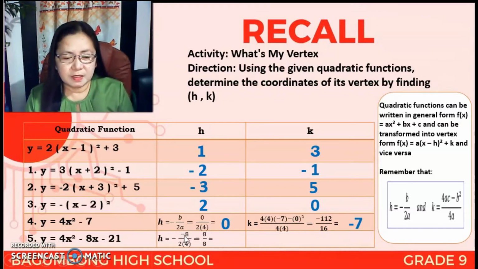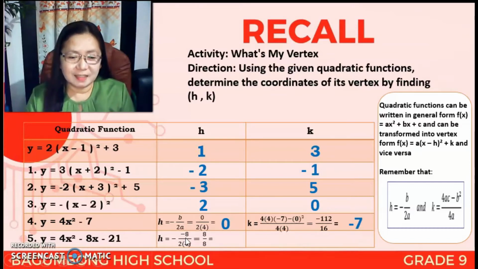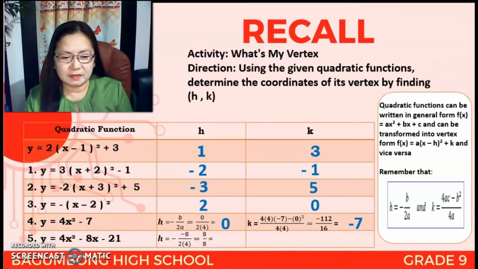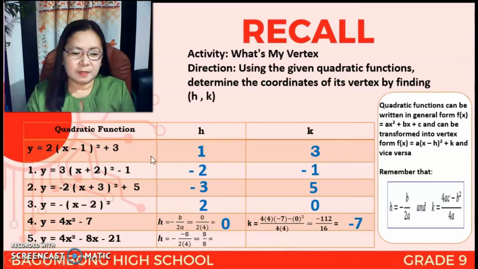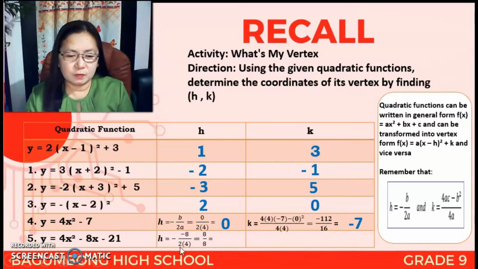So negative B is negative times the value of B, negative 8, divided by 2 times A, which is 4. Simplify. This is 8 divided by 8, which is equal to 1. So therefore, the value of H is 1.